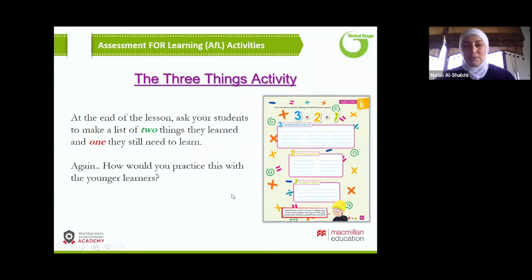What's the best thing? And remember, a few slides ago we talked about peer assessment and self-assessment, and we said when we're working together it becomes really easier to gather information.